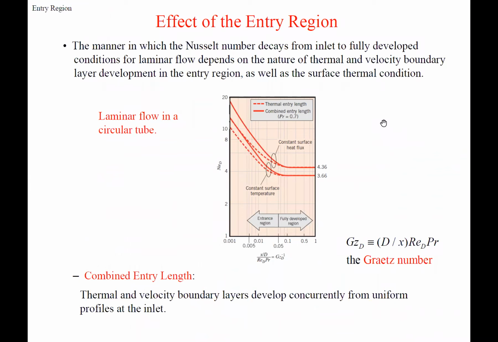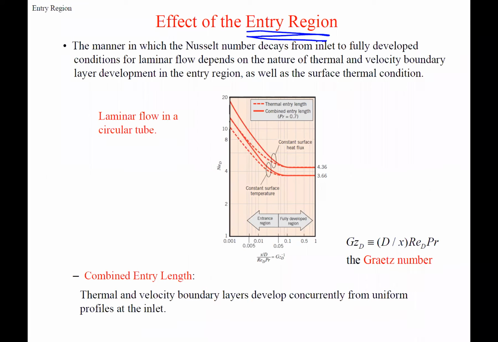Now we're switching to issues with the entry length. The fluid is not fully developed: when you check what the entrance length is, your tube length is less than what is required for the flow to be fully developed. So we're in the entry region. If we look at our curves here, it looks very similar.